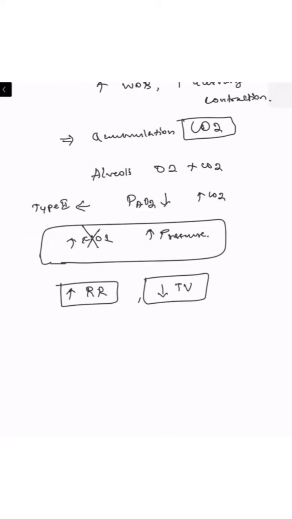So by increasing the respiratory rate and decreasing the tidal volume, automatically you can expect the elimination of CO2, through the minute ventilation. So this will help in expiration of all the accumulated PaCO2. So finally, you will correct the type 2 respiratory failure.